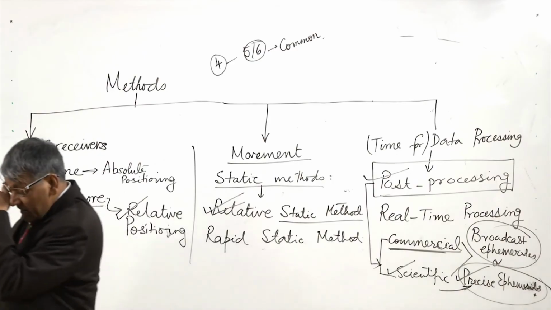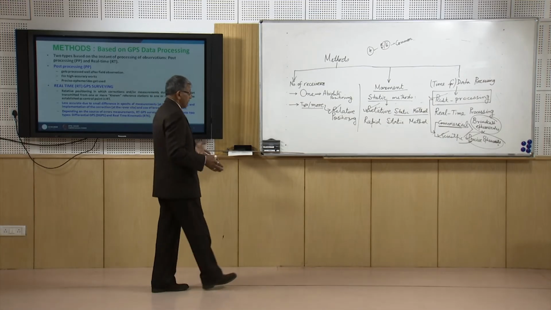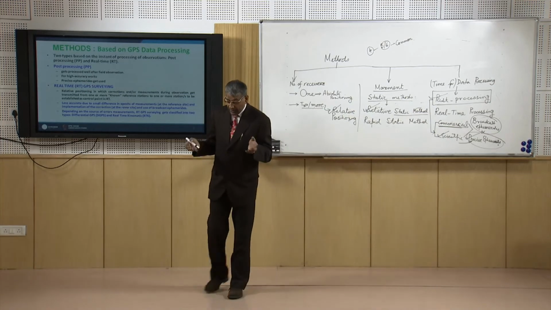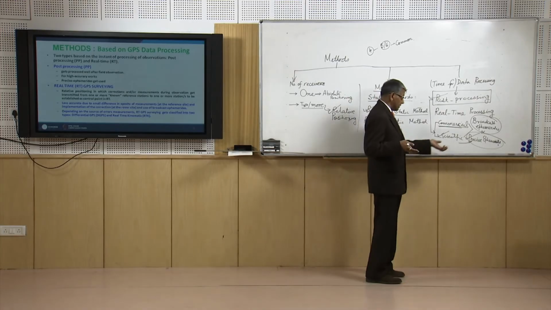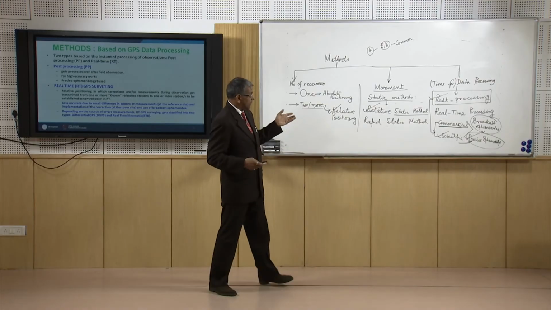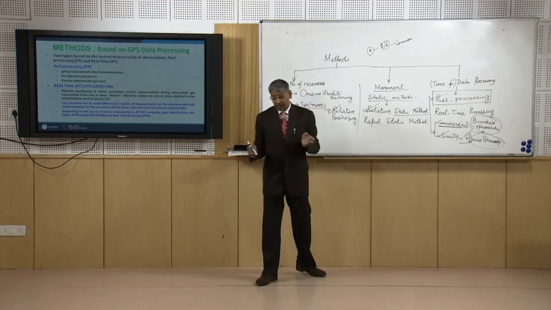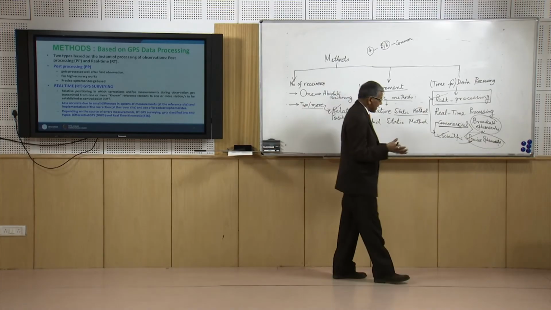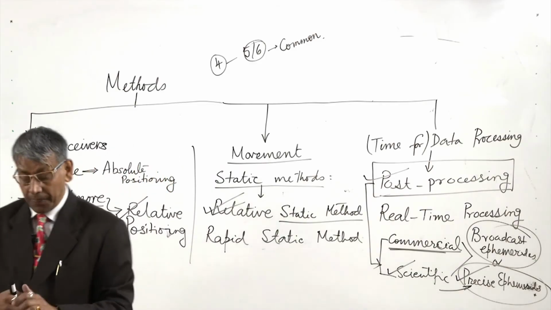That will be the toughest combination, and the most accurate control points will be established with it. However, we hardly need that type of accuracy, because it is only for primary control points, which are very few in number over a very big area. So we can go for many other combinations depending upon the accuracy.